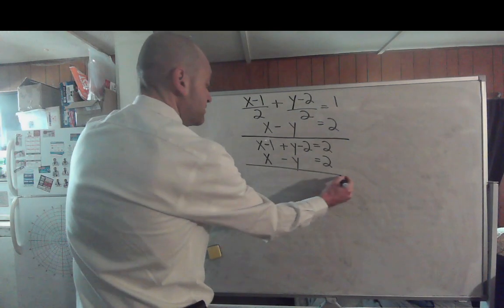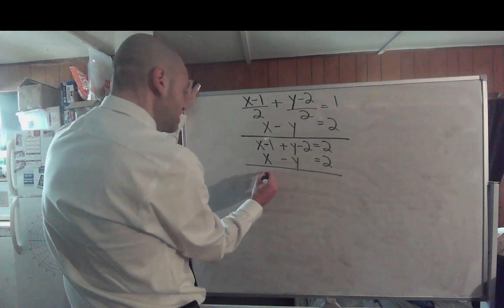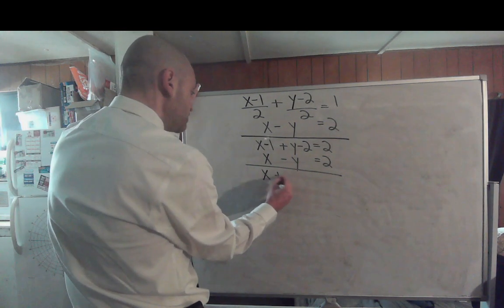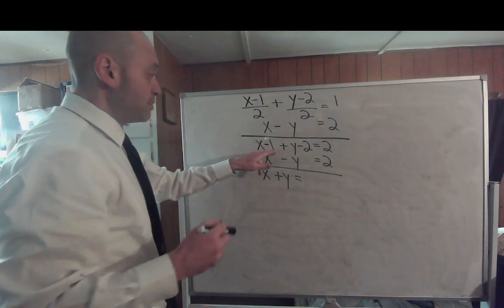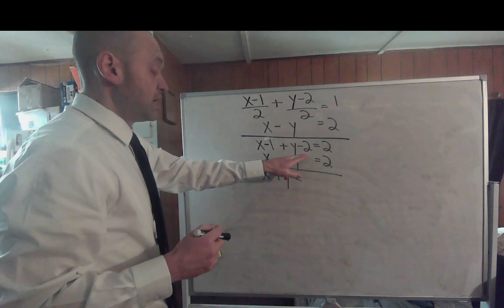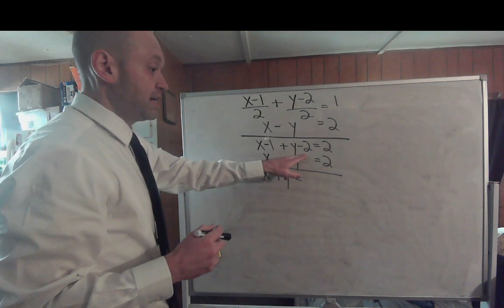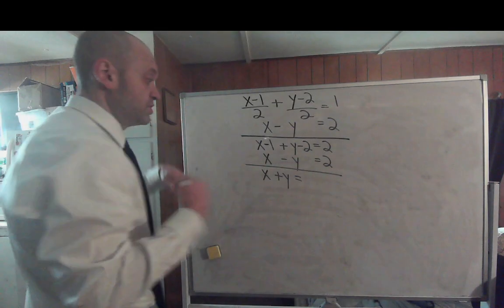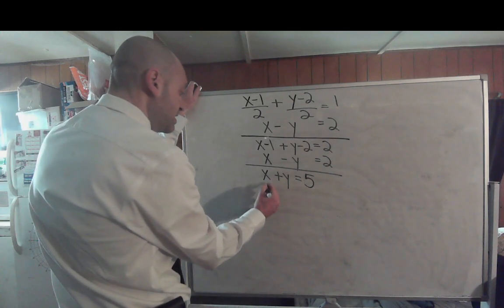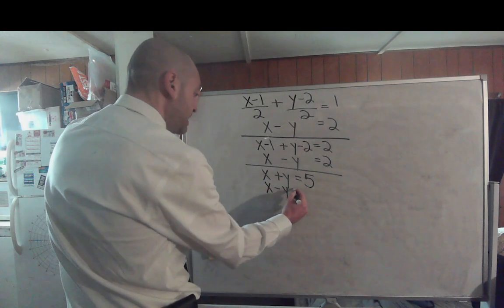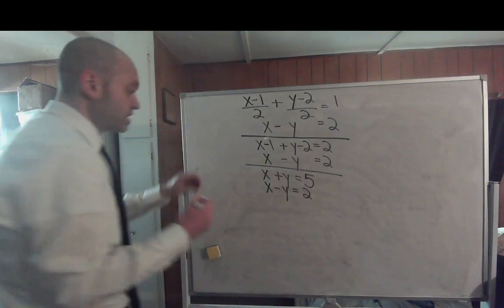Which, if we simplify the first equation, you'll end up having x plus y equals, okay, so negative 1 minus 2, that's going to be negative 3. Now take that 3 and add to 2, you get 5. So x plus y equals 5. And then x minus y equals 2.